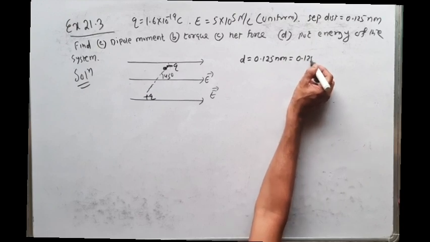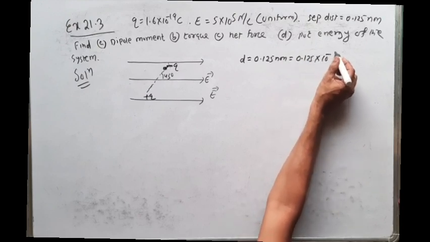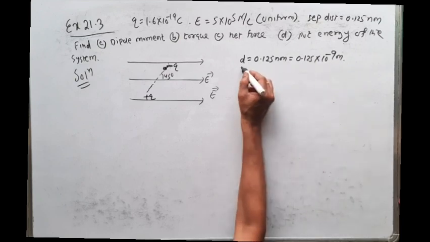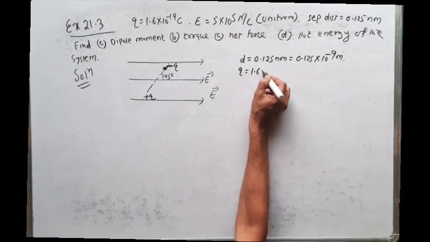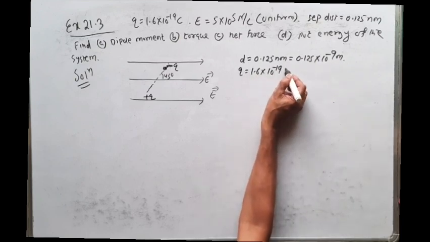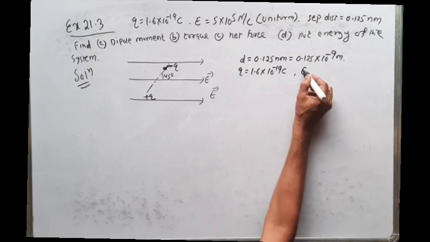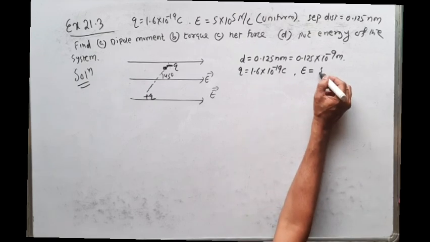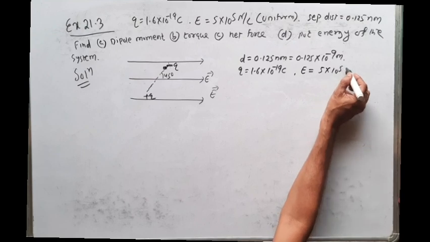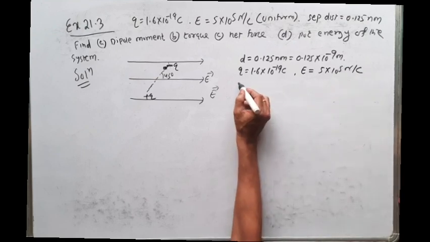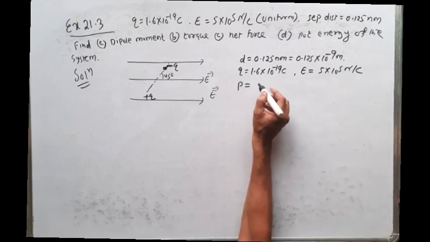Nano is nothing but 10 to the power minus 9 meter. Here charge is given 1.6 × 10 to the power minus 19 coulomb, and in uniform electric field strength is given 5 × 10 to the power 5 Newton per coulomb. So from this we can find what is the dipole moment.